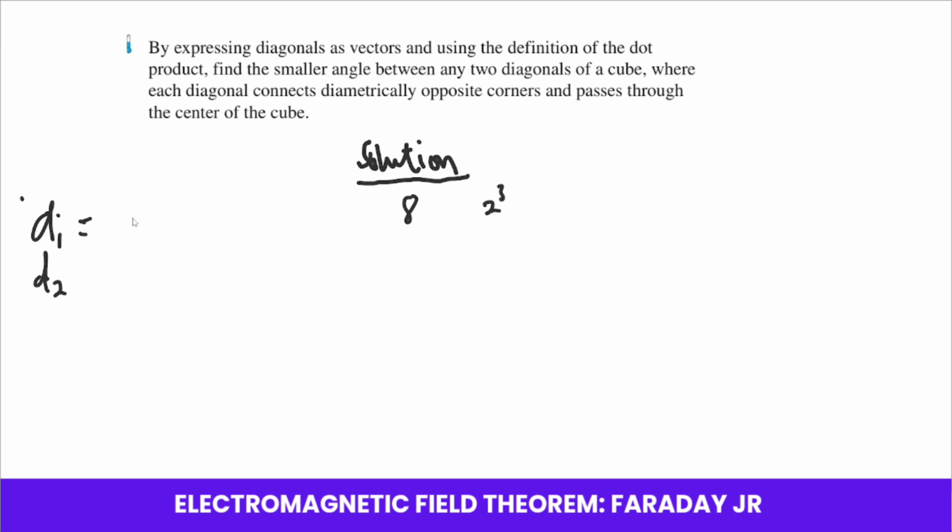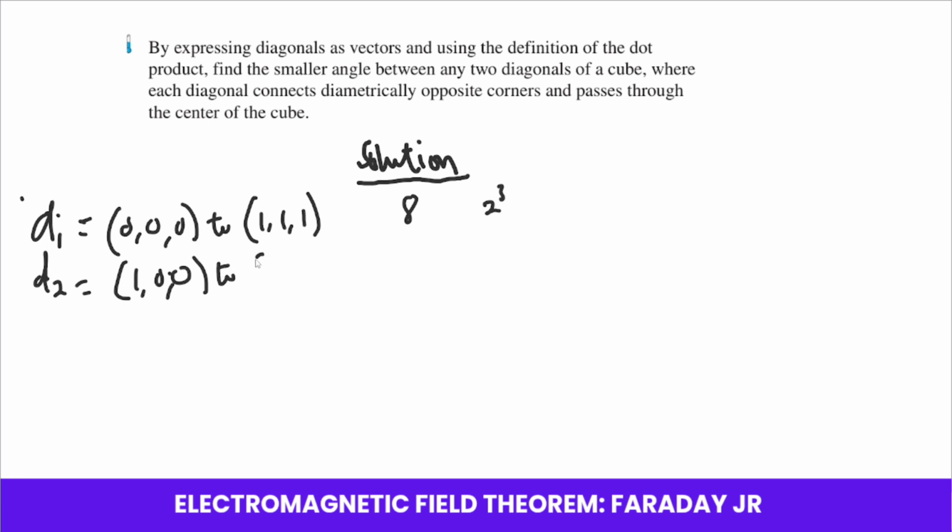So let me see. D1 will be from 0, 0, 0 to 1, 1, 1, then D2 will be from 1, 0, 0 to 0, 1, 1.